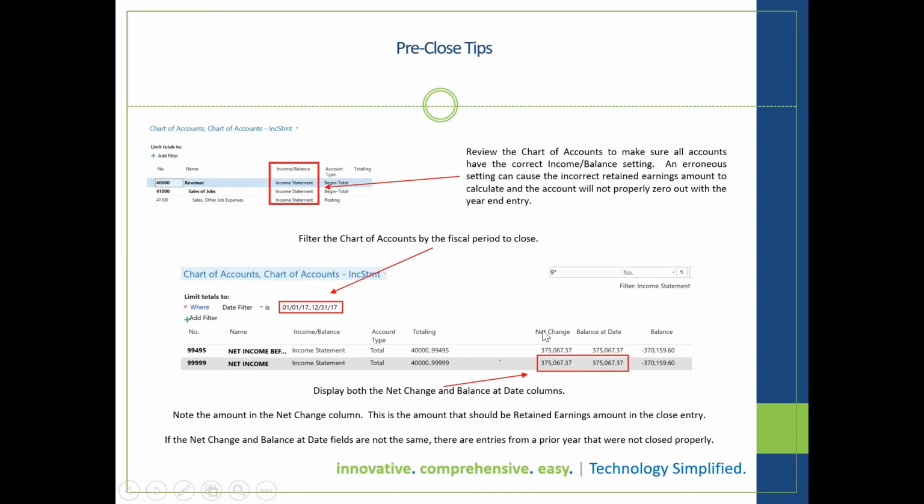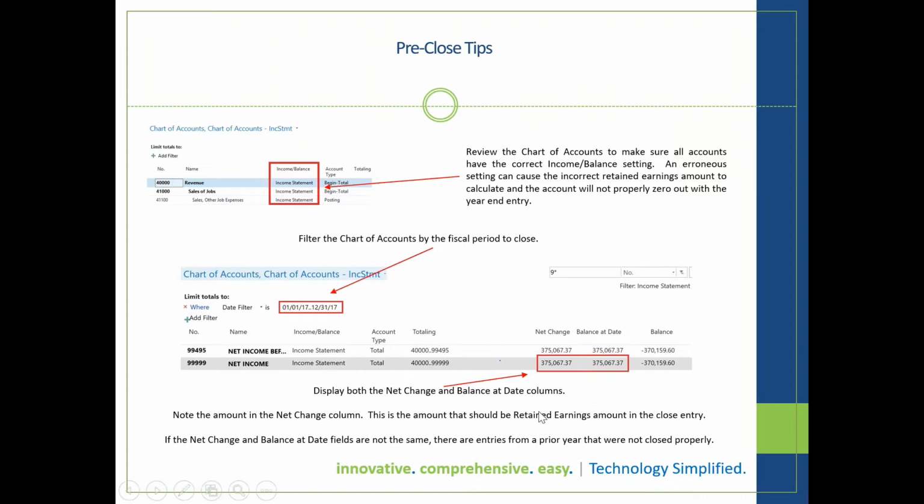Another tip is, when you've confirmed that all of your income statement and balance sheet accounts are set up with the proper setting, put the annual period that you're trying to close in your date filter here. Then make sure that your net change and balance at date columns are displayed, and the two numbers in those two fields should match.